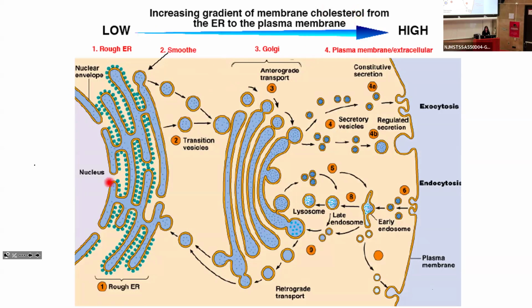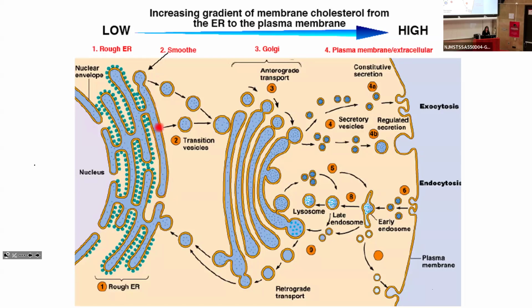And it's lowest in the endoplasmic reticulum, which is shown here, right? The nuclear envelope and the endoplasmic reticulum, which is shown here with these green balls on it, those are ribosomes, is continuous with one another. The nuclear envelope and the ER, the rough ER that has the ribosomes on it, are continuous. And then it goes into the smooth ER.